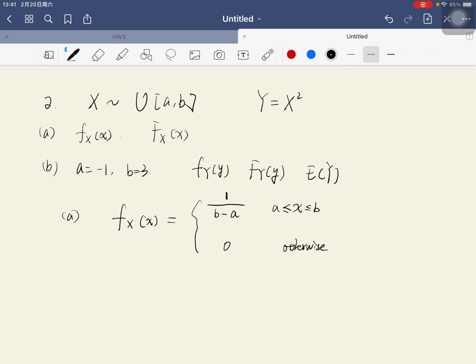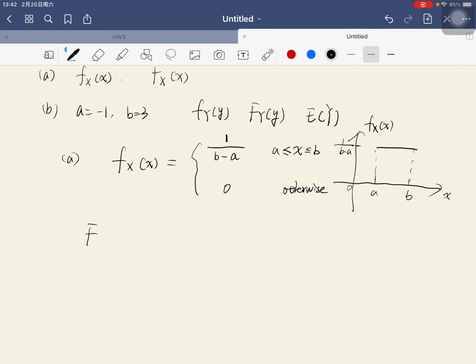So we could draw the graph: from the range a to b, the density function value is equal to 1 over b minus a. So this is the graph of the density function.